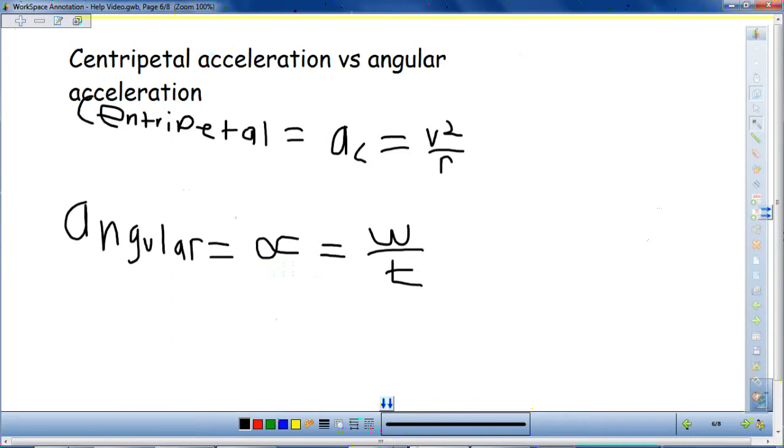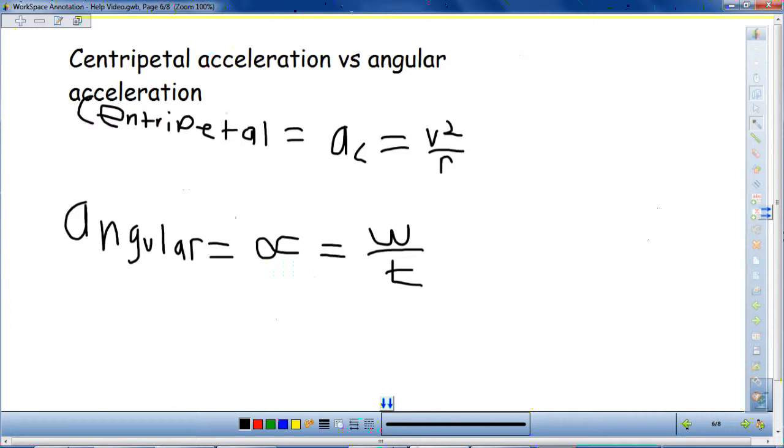And also two forms of acceleration. There's centripetal acceleration, which you probably saw in chapter 4, where your tangential velocity squared is divided by your radius.